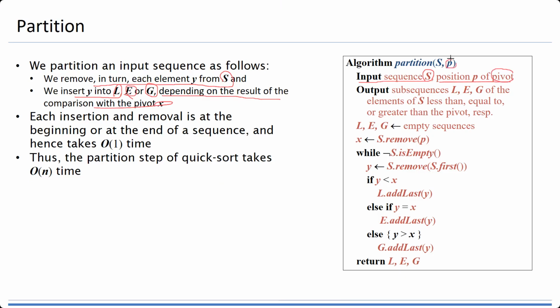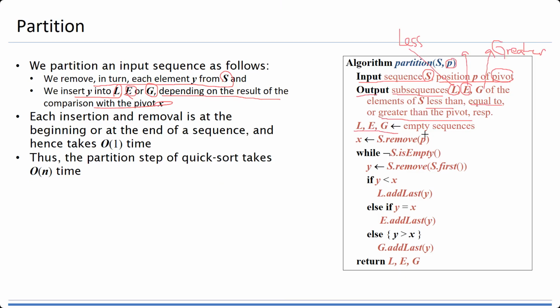So p is random. And then the output will be subsequences L, E, and G: less than, equal to, or greater than the pivot.